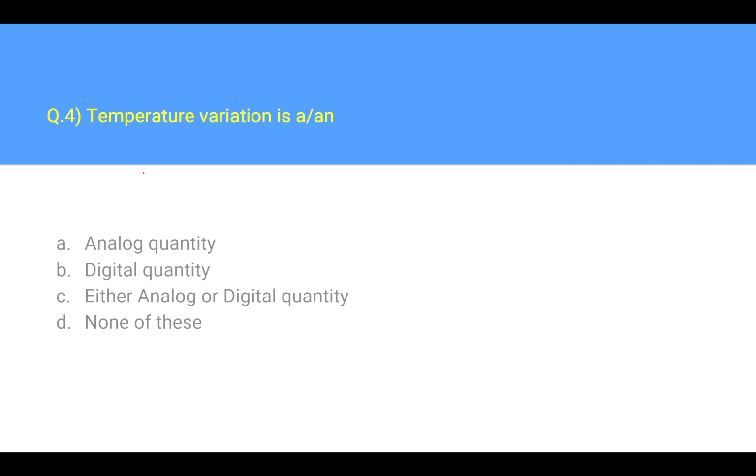Now coming to this question, what kind of quantity is temperature? So here there are two types of quantities mentioned in the options. One is analog, one is digital. So let's denote a sin x function. So sin x looks like this.